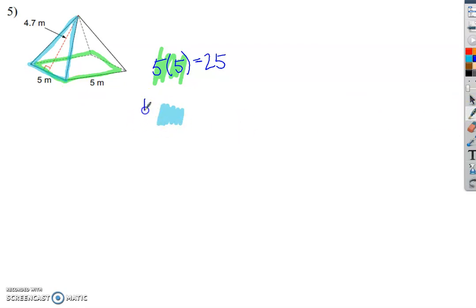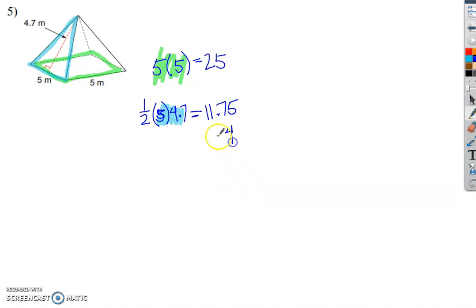The formula is 1/2 base times height. Sorry, that's a little messy. 5 and 4.7. Feel free to use a calculator. 5 times 4.7 and then divide by 2, or any other order you want to, because multiplication is commutative. So 1 blue triangle is 11.75.